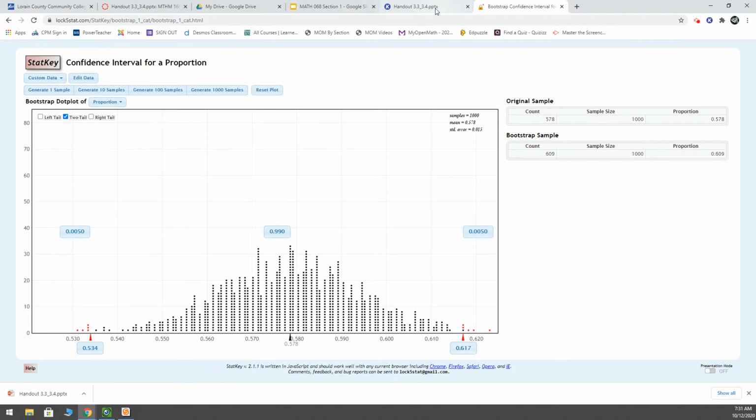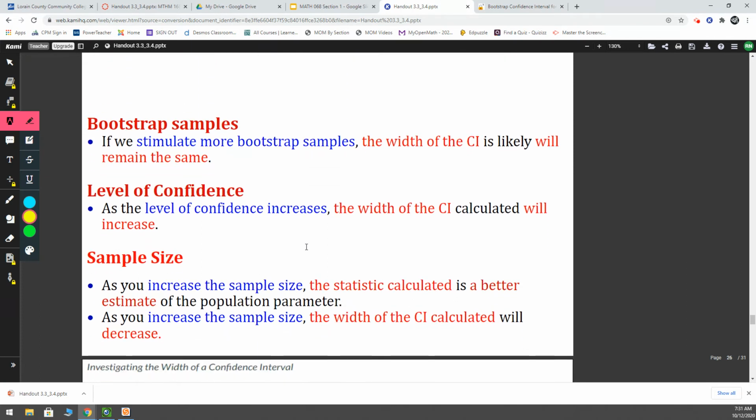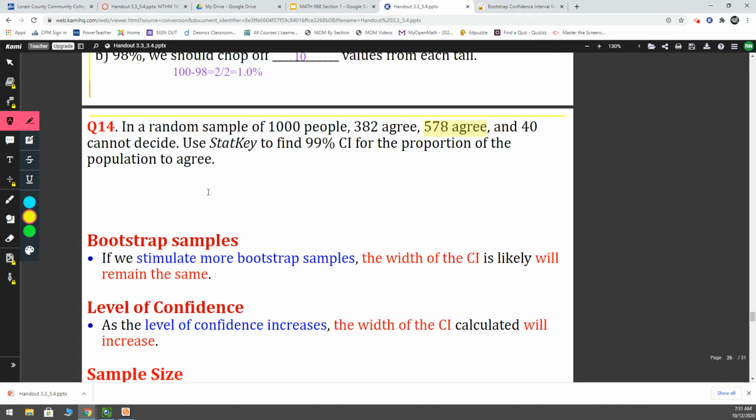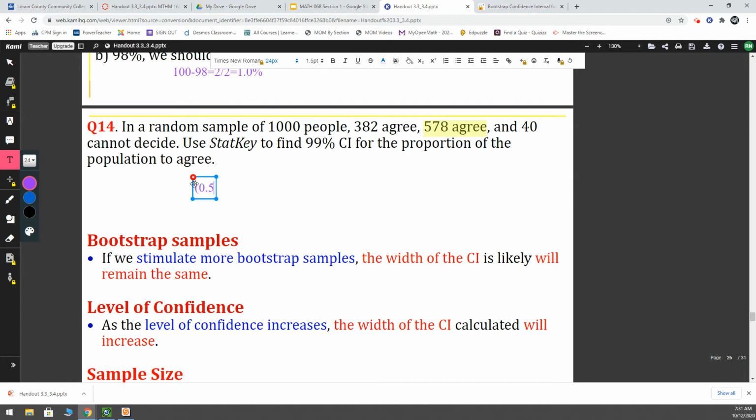So 0.534 and 0.617 will be my numbers. 0.534 and 0.617 is my 99% confidence interval for 578 agree. Now, if your question is different with a different number, then put in something different than 578 out of 1,000.